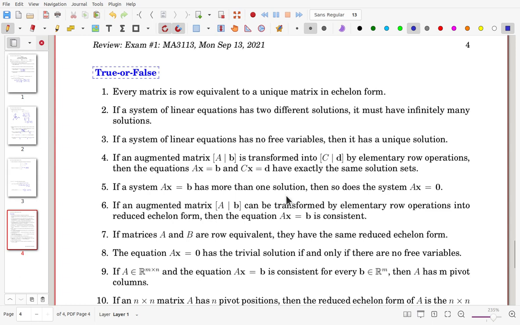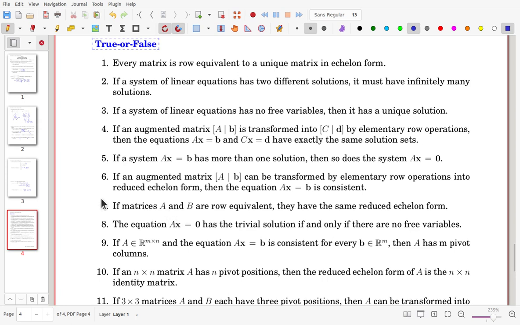The more than one solution for the non-homogeneous system comes from, in fact, the homogeneous portion. So that is exactly here. Once it is more than one, then it means infinitely many solutions. So the homogeneous part also has infinitely many solutions.